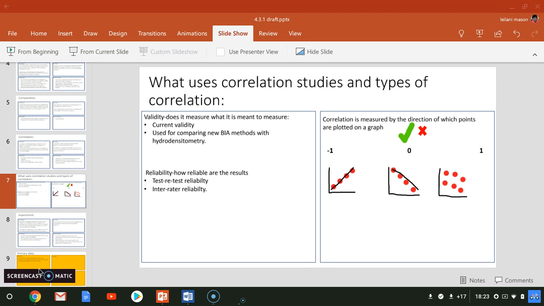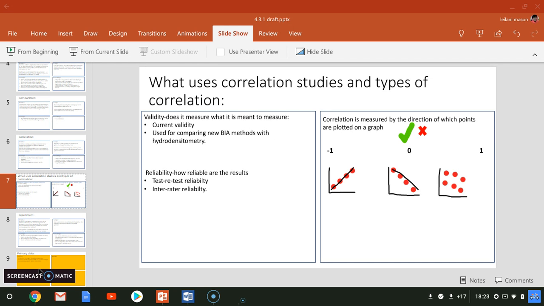Correlation is measured on a continuum from -1 all the way to +1. So the closer to -1, the closer the points are to the line, which means that the negative correlation is really strong.